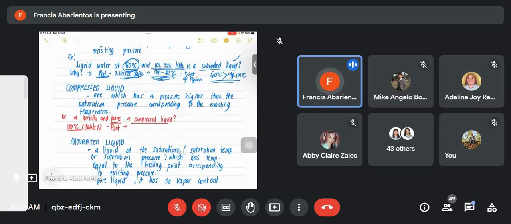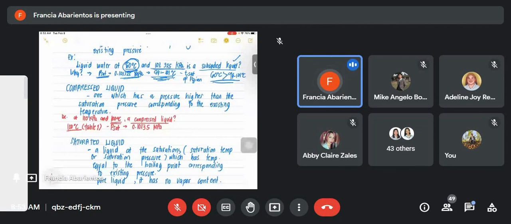So, this is 0.101325 megapascal. So this is correct. So this is now your saturation pressure.